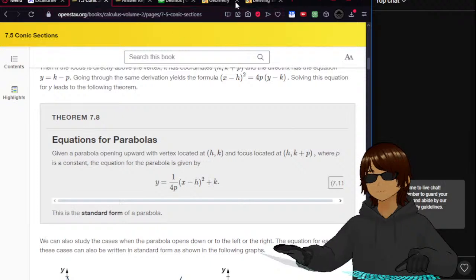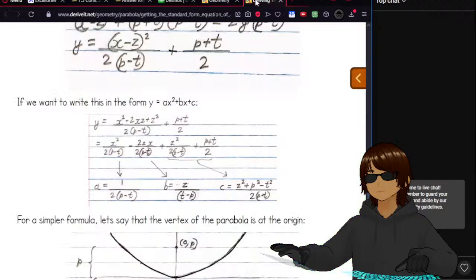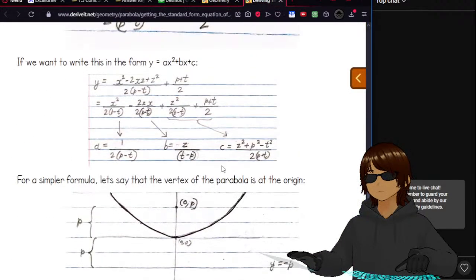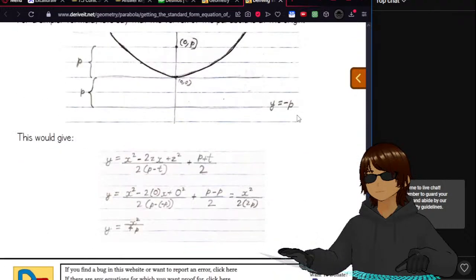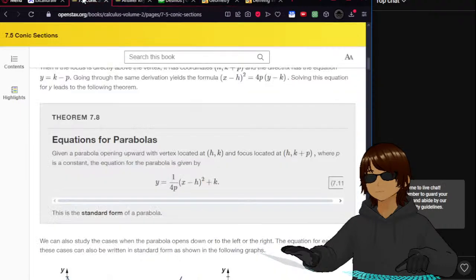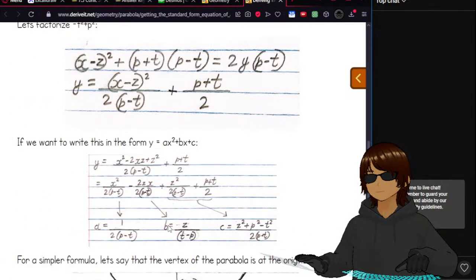This is the standard form of a parabola. Wait, I think I got this wrong. This over here is the standard form.